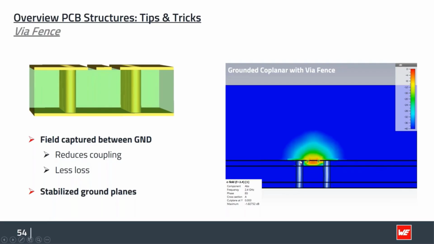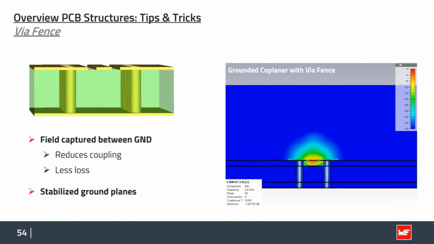If we now use the via fence, we concentrate our field even more on the transmission line area, so we have less losses and reduced coupling by stabilizing our ground planes, because this is like a ground cage surrounding our signal, which is very helpful.